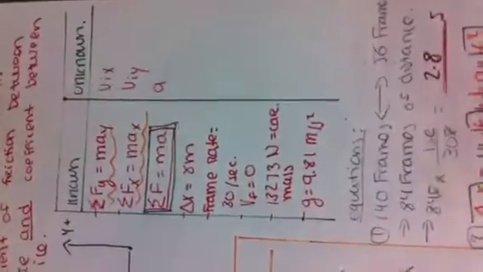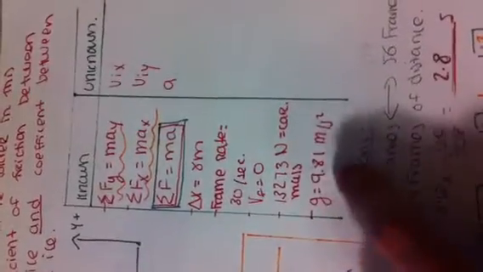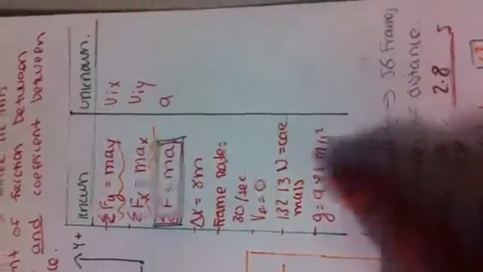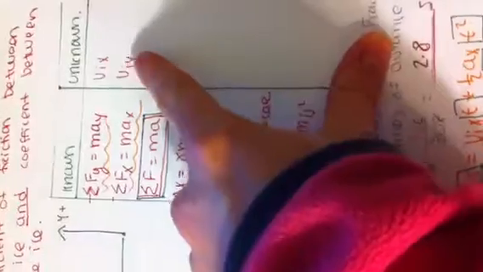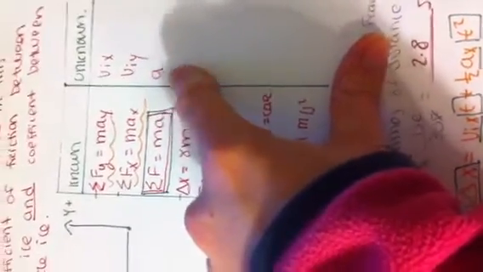We know that its final velocity is 0. We know the weight of the car because we researched it. And then we know g, which is 9.81 meters per second squared. We don't know the v initial x, we don't know the v initial y, and we don't know the acceleration in each direction either. But we will figure that out.